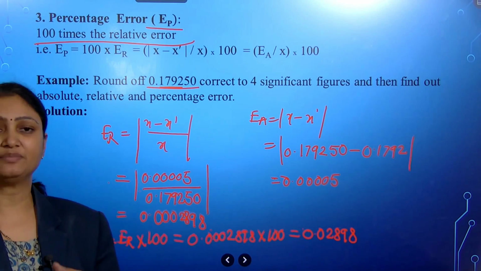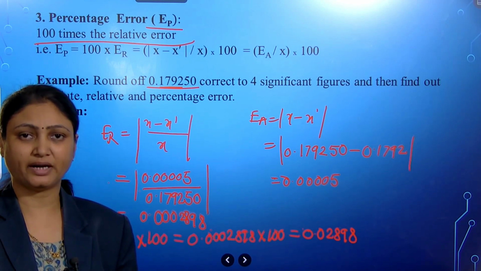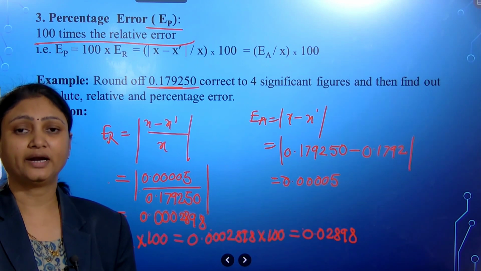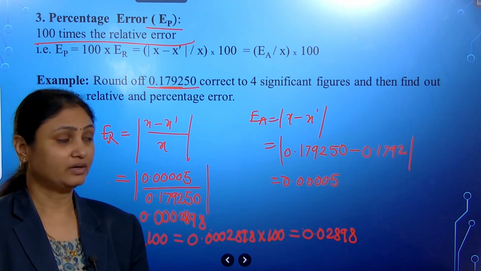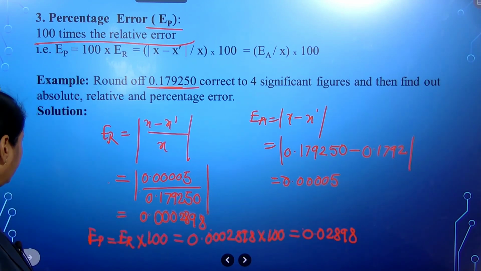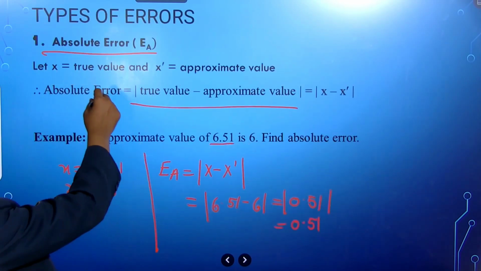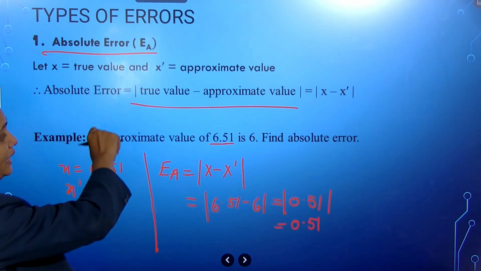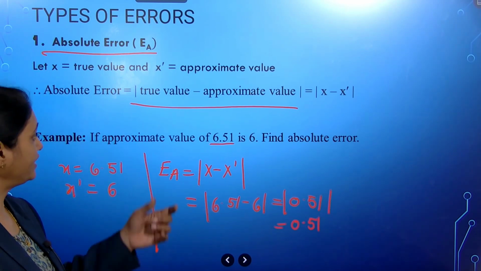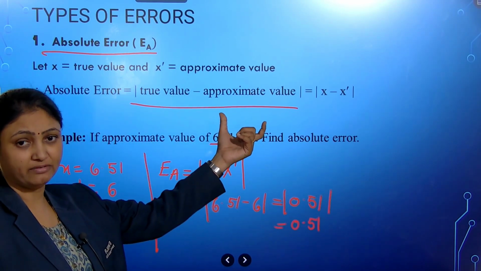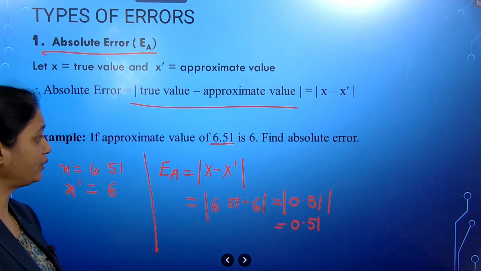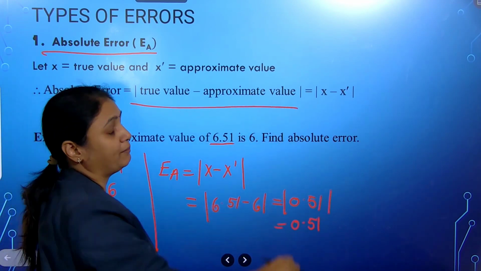So these are the types of errors, that is absolute error, relative error and percentage error. The absolute error can be calculated by the difference between true value and approximate value, and since it is not a negative quantity, it is taken in mod.